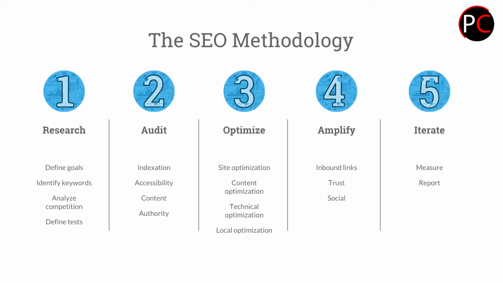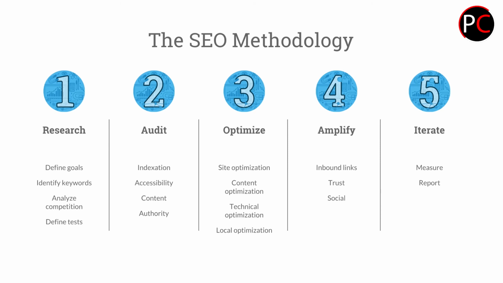And then because SEO, like most digital marketing activities, is an iterative process, you'll define some of the tests you want to run. So for example, if we change something on our site, does it improve against the goal that we've defined? You want to define those goals and then define the tests that are going to help prove them out.